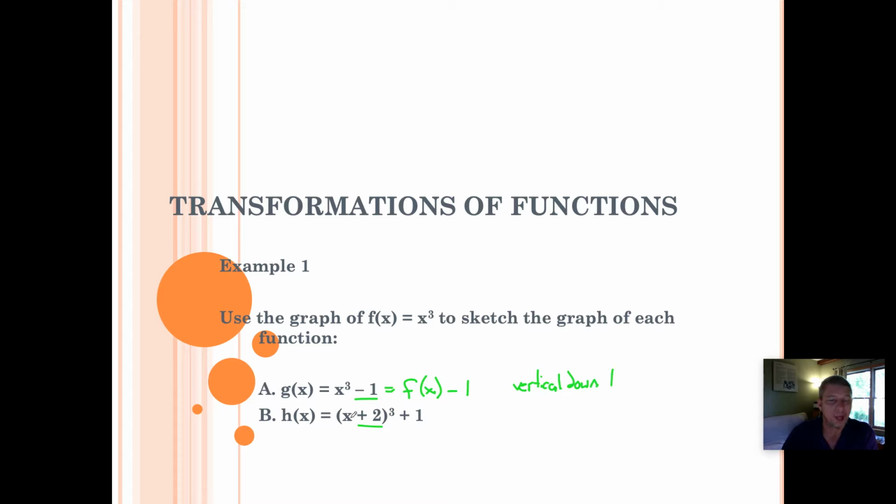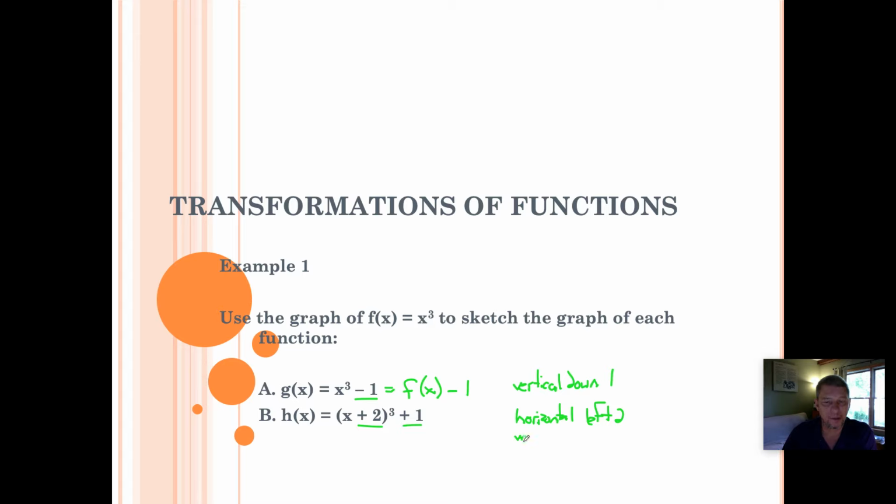This one, I'm adding 2 to the x. And so that's going to be horizontal. And because I'm adding the 2, it's going to move left by 2. But I'm also adding 1 to the thing.